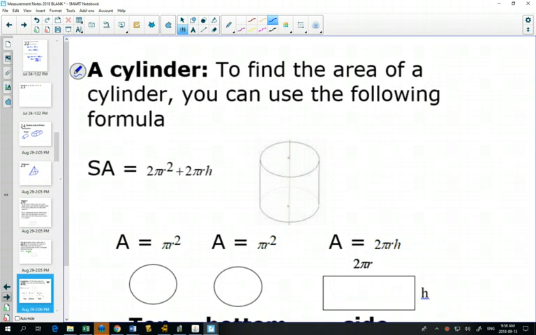What I want you to do tonight is go home to those soup cans, take the labels off, and look at what shape it is when you take the label off. Your parents are going to be really happy, okay? You ever taken a label off a soup can? It makes a rectangle, because you open it up and make a rectangle. If you're not sure if it does that on every can, take all the labels off.